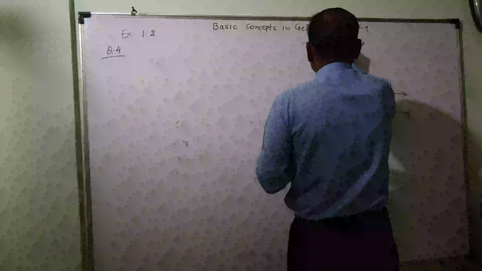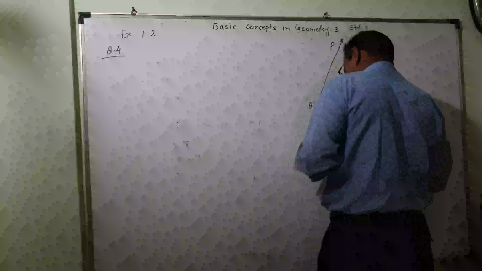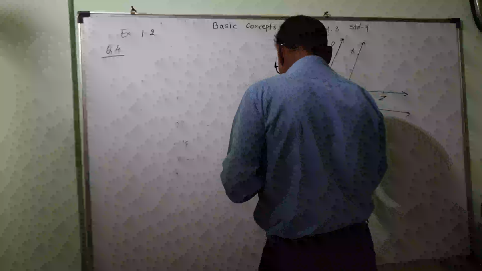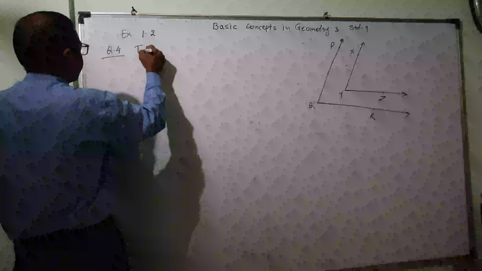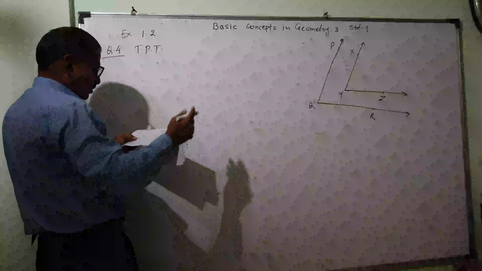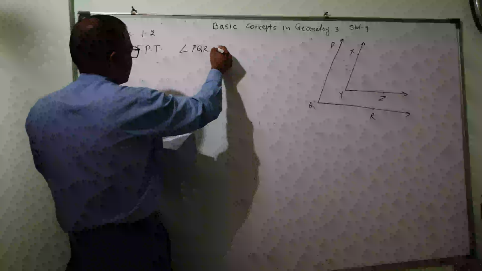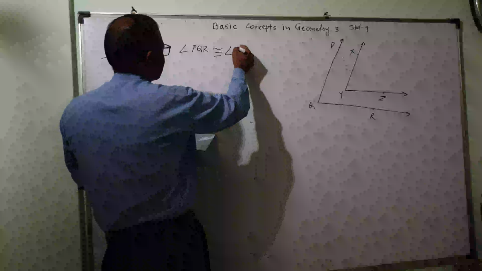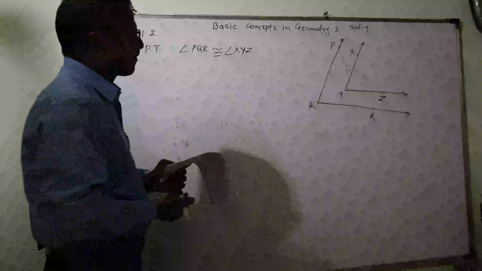This is P, Q, R. So what is to prove? To prove that angle PQR is congruent to angle XYZ. This we have to prove.